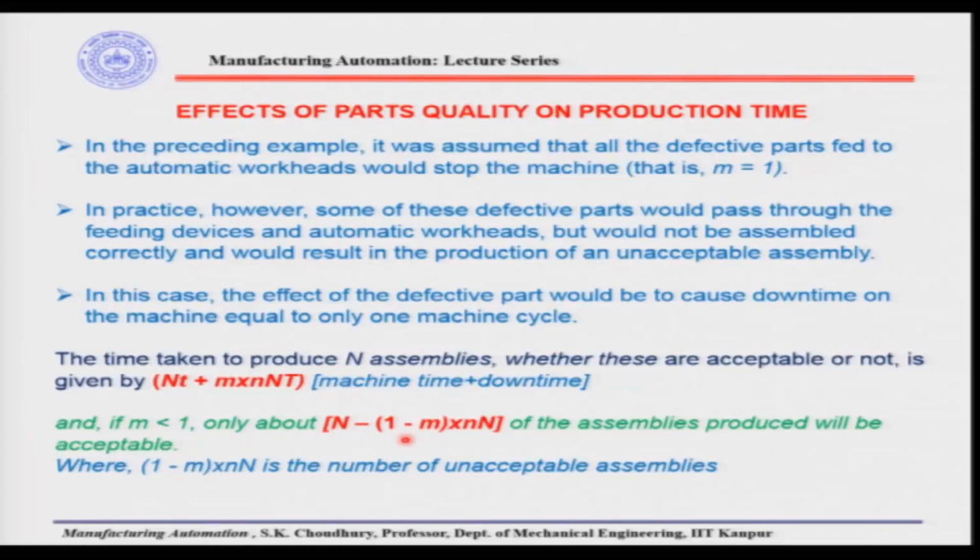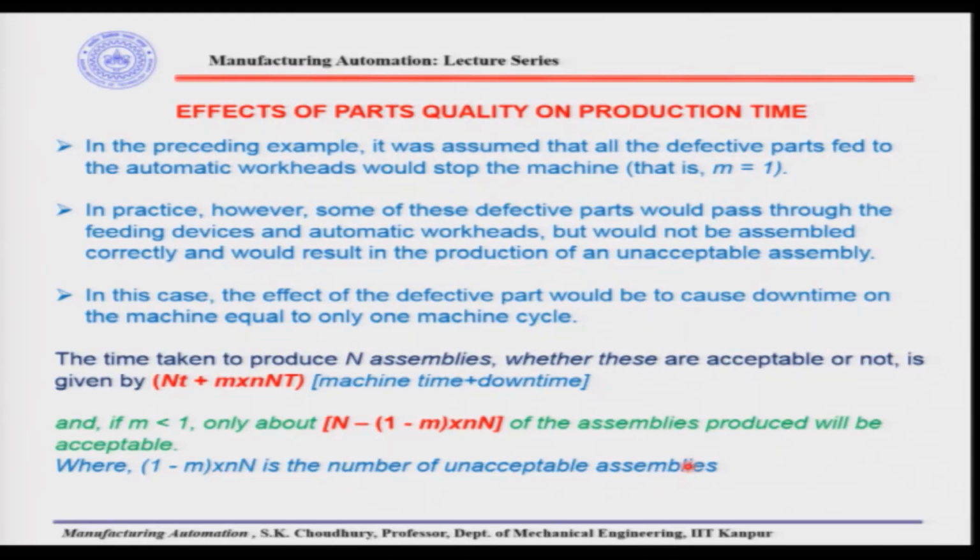We are losing one cycle time for one unacceptable assembly, but the assembly is unacceptable because the defective part went in, but it did not stop the machine. So, if m is less than 1, (1 minus m) x n L is the number of unacceptable assemblies.